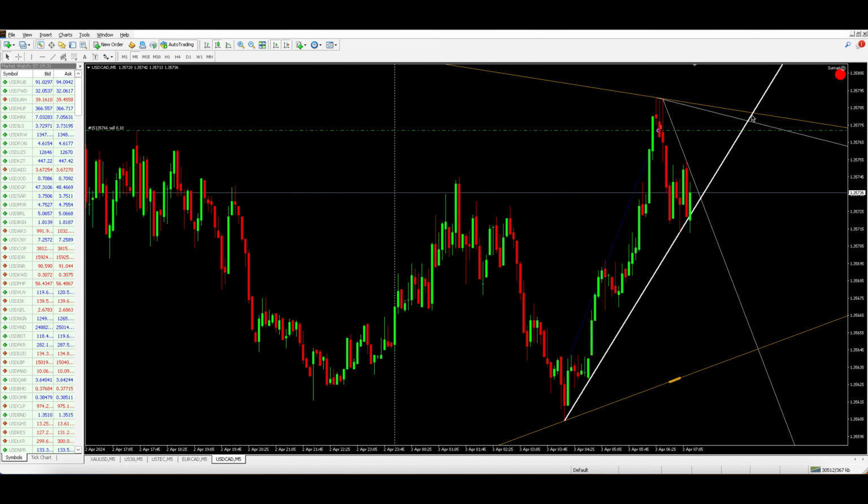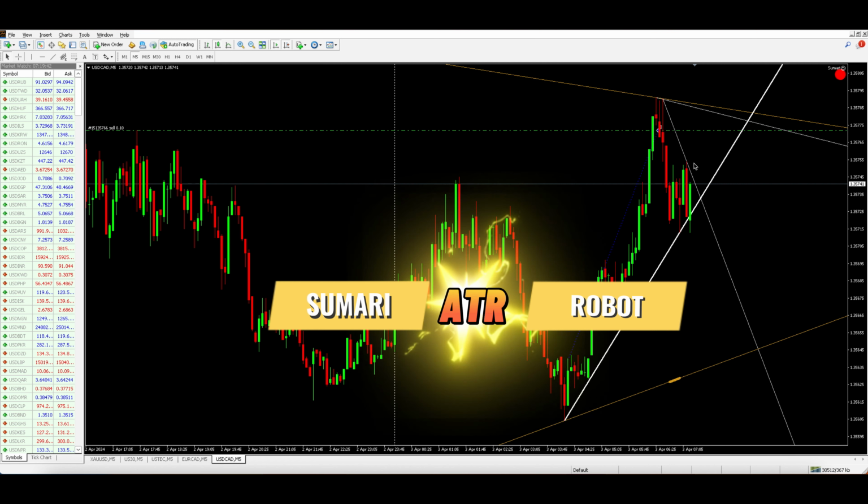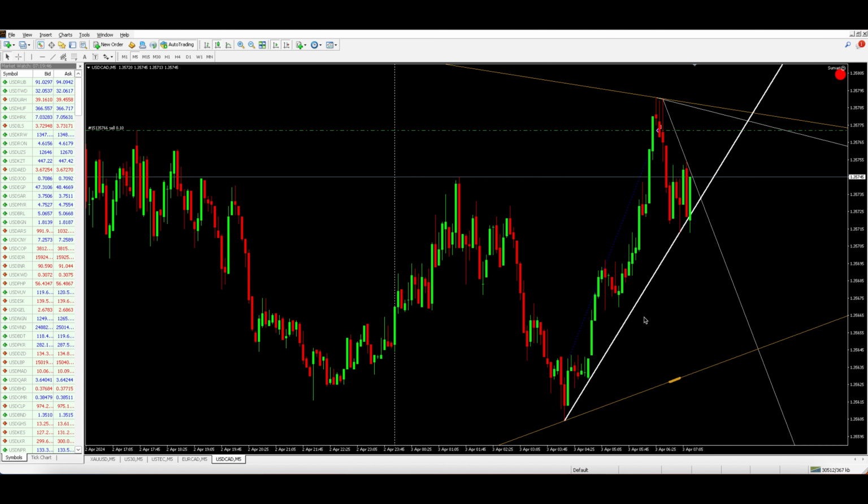It is currently trading on a support trend line. We'll see if it is going to continue to break it, and the bot will continue to hold the sell. But if it is going to change direction, it will then close the sell and get into a buy.